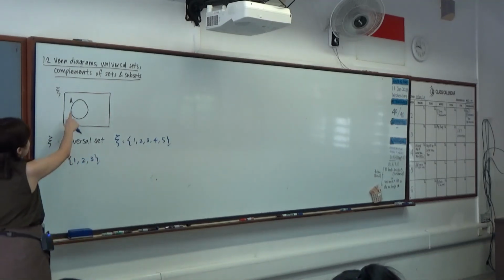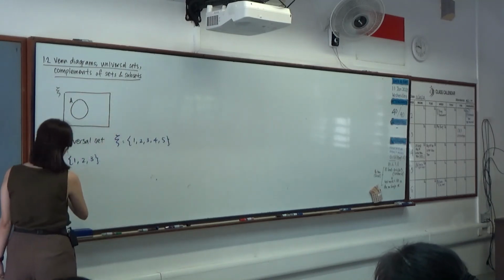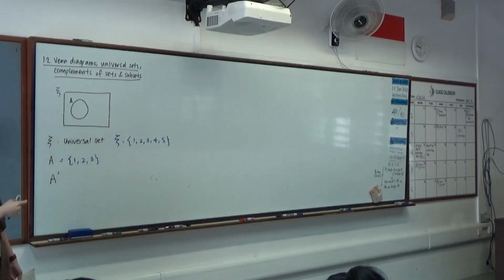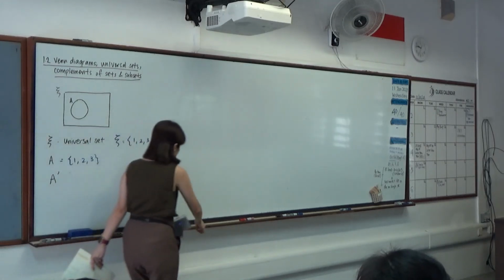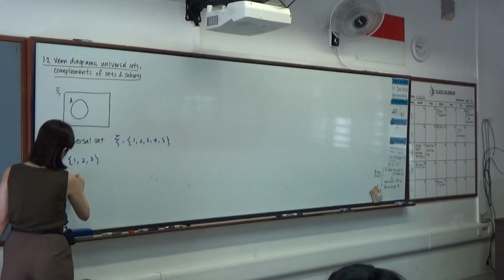The area that is outside the circle is what we call the complement set. We will have an apostrophe on top, which we call a prime, P-R-I-M-E.